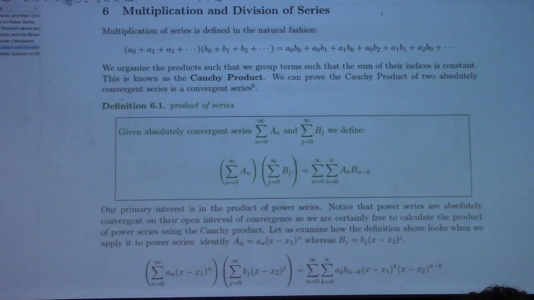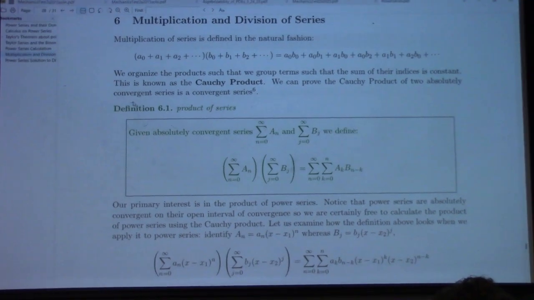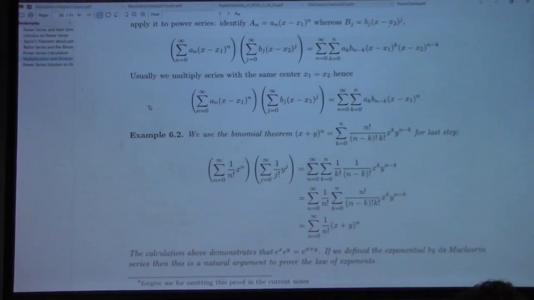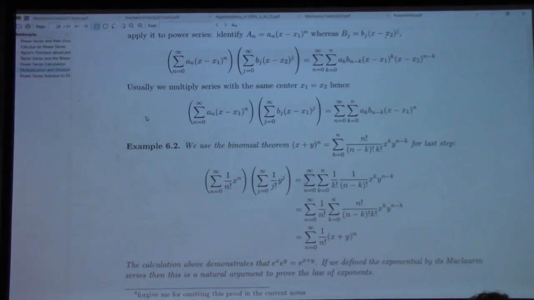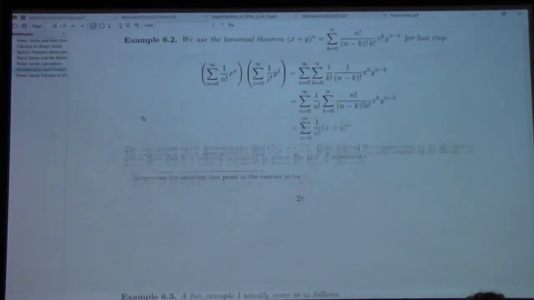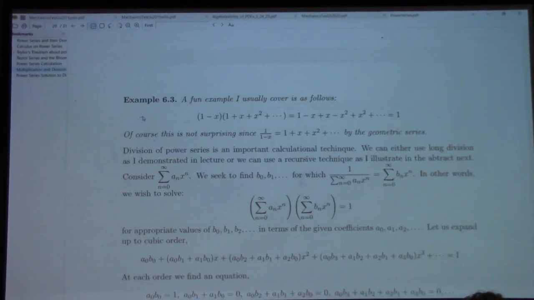But I went ahead and typed up the things I wrote on the board last week about the product of series, and I typed up the proof that e to the x times e to the y is e to the x plus y, that thing we did, right?